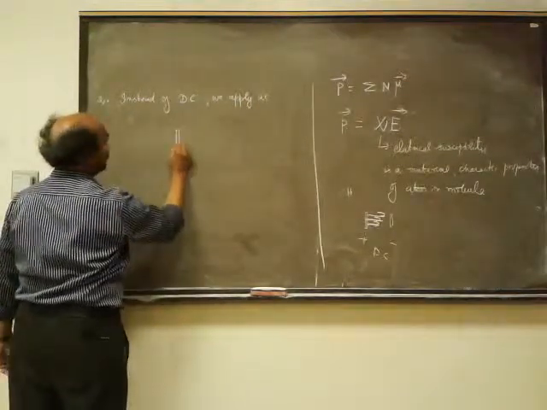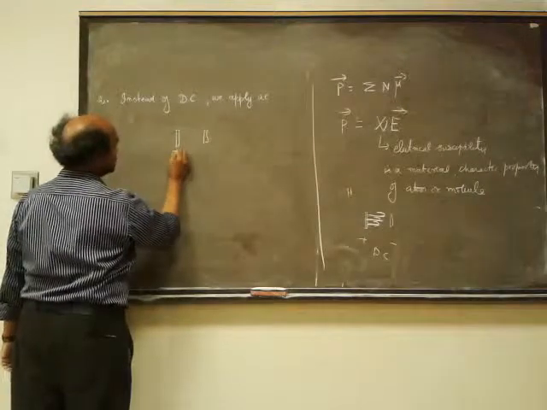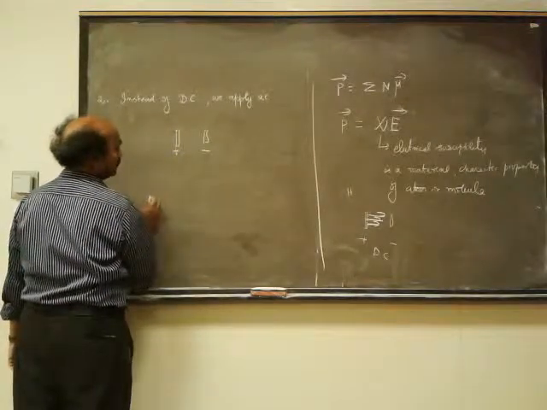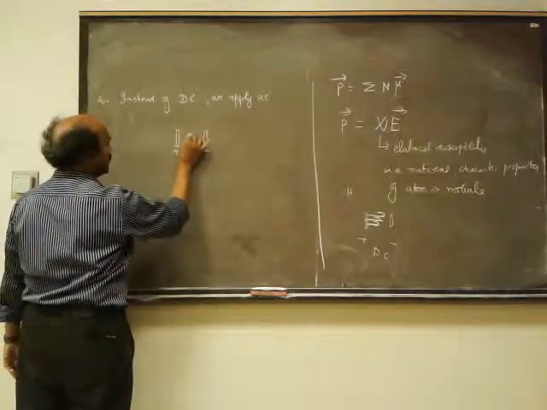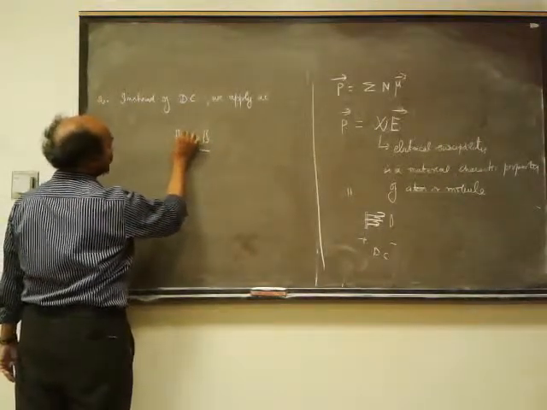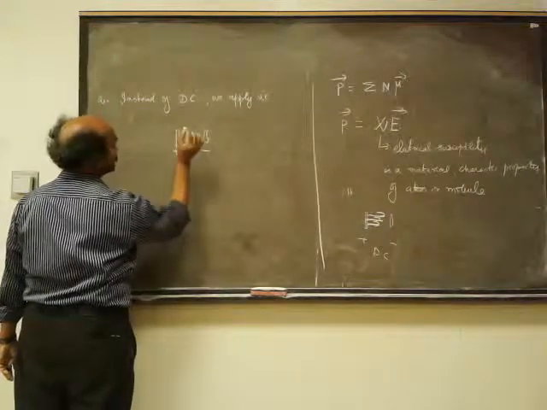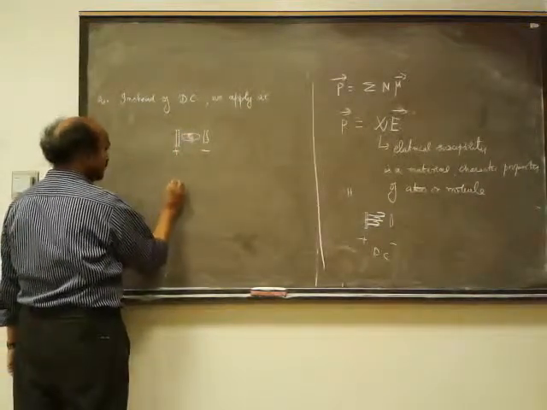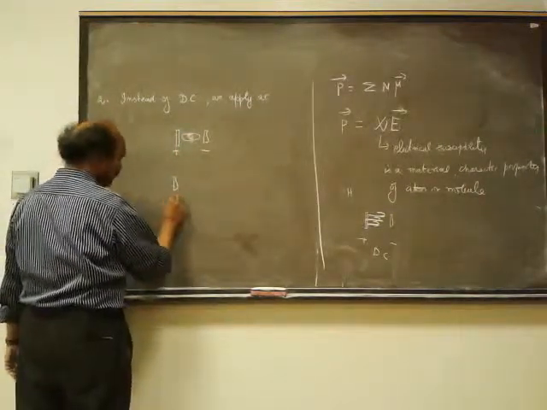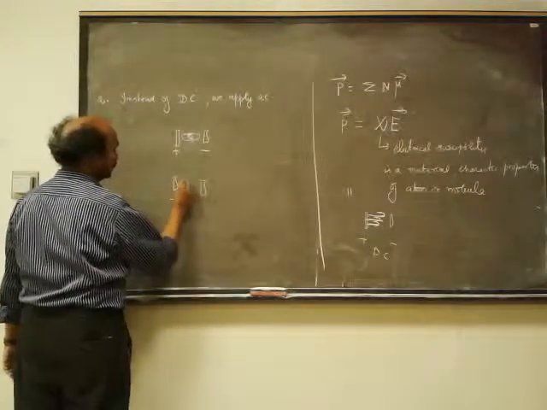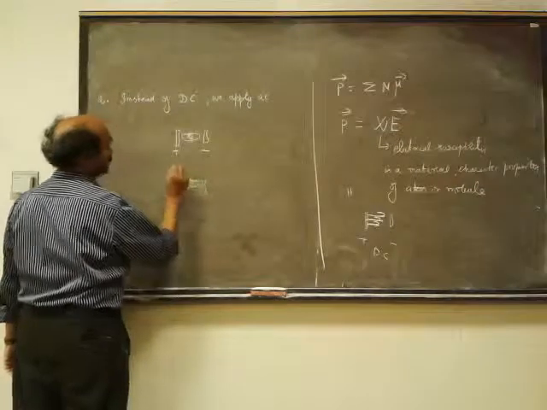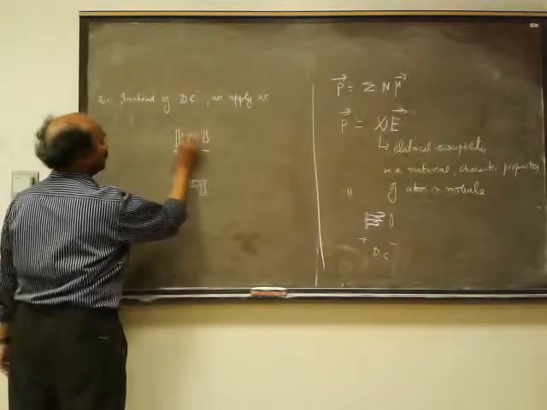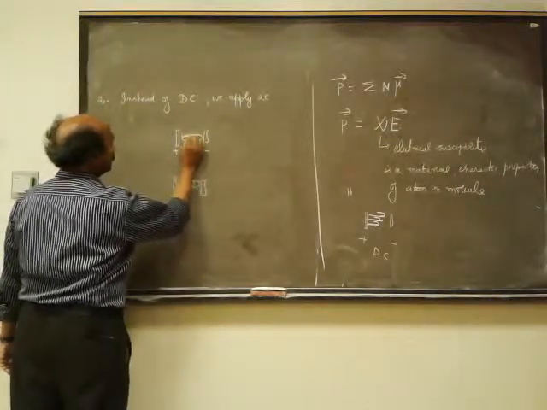Look at it. One instant this is plus minus. So the center of positive charge and the center of negative charge will be like this. After some time, this is minus, this is positive. Then what would happen? See, look at it. It will be like this, with the positive here.